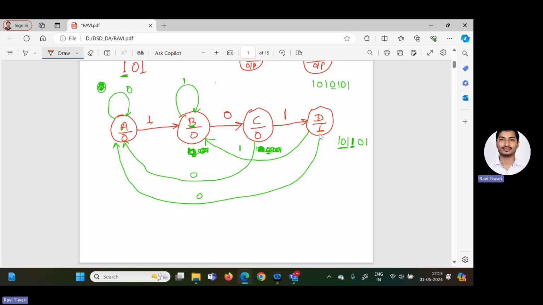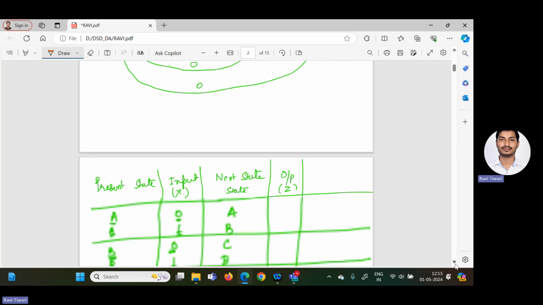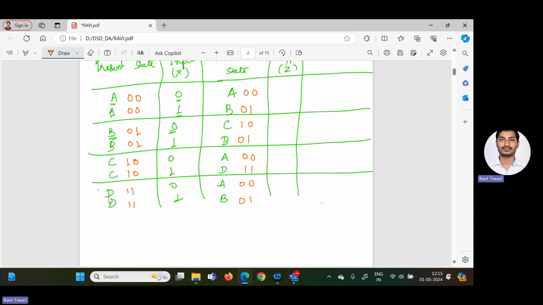So D to A is 1, D to B is also 1, and all other conditions become 0.